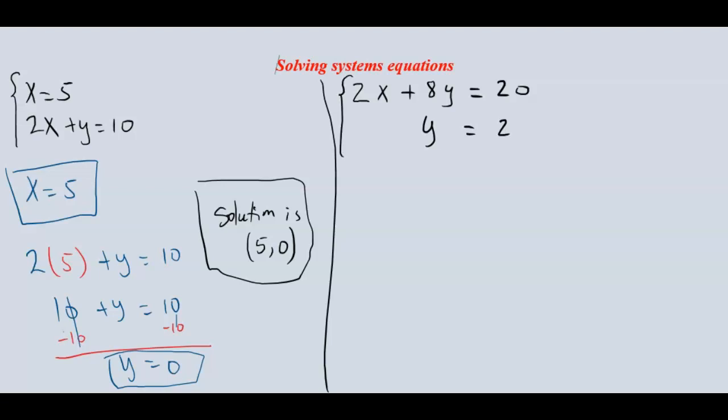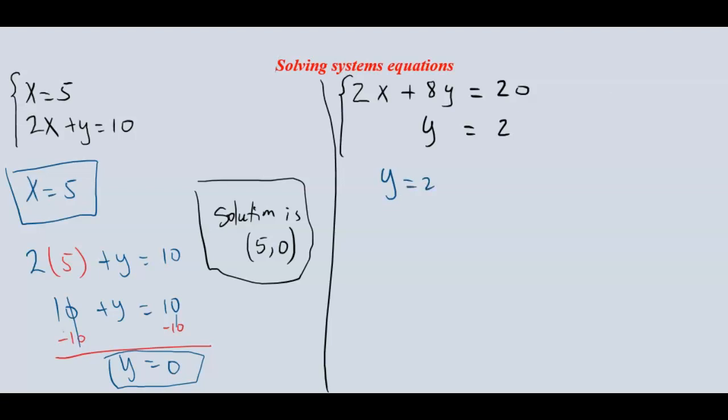Again, that's a system. So in this case, the second equation is the value of y. So all we have to do is take the value of y and substitute it in the first equation. So we know y is equal to 2.